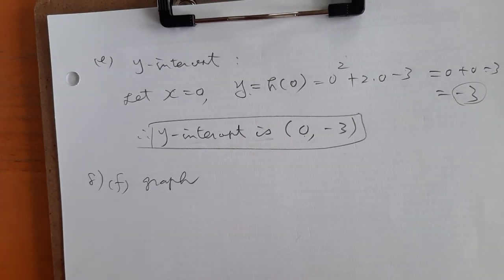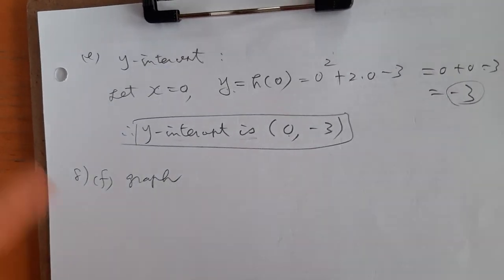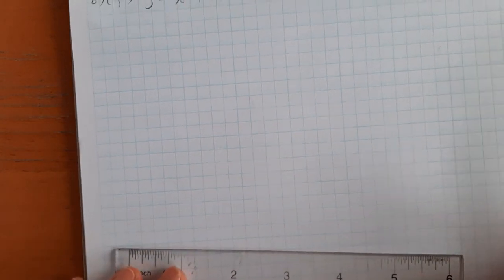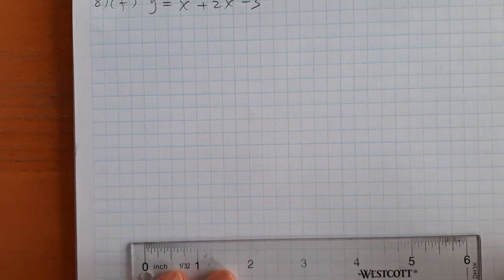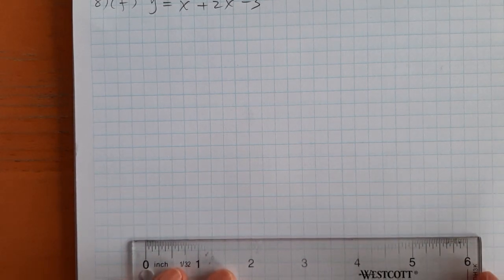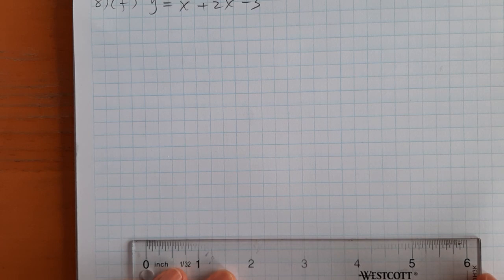Now we are going to draw the graph and label all of the above. You can use graphing paper to draw. First of all, we have to draw the x-axis and the y-axis.